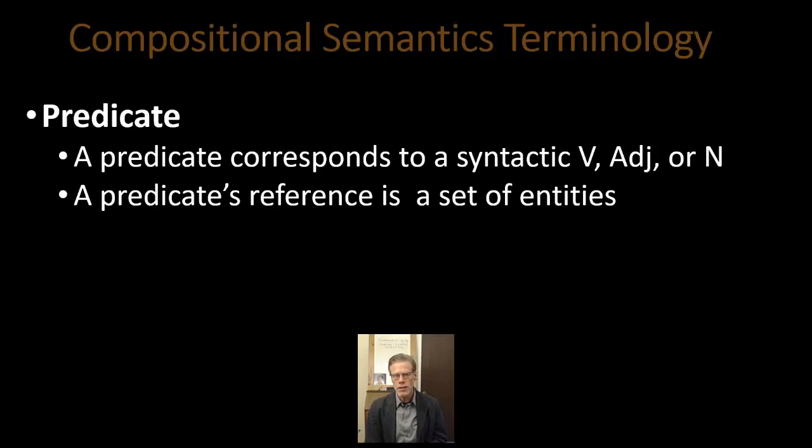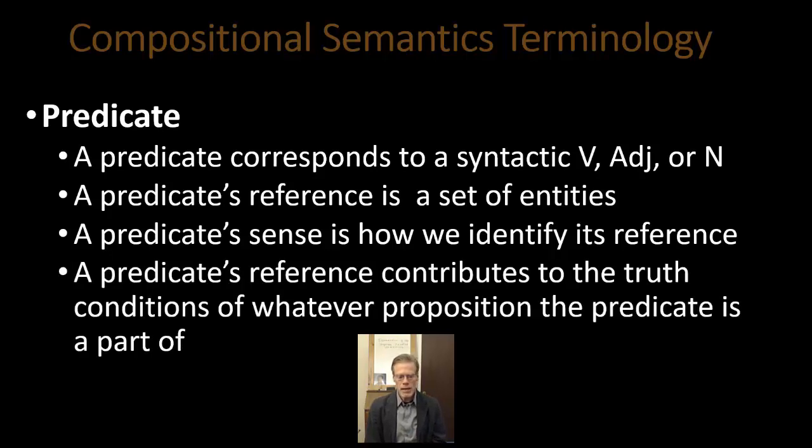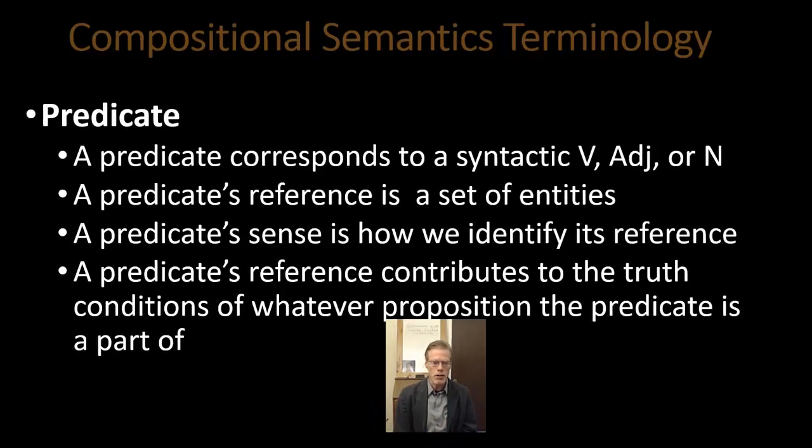A predicate's reference is a set of entities. So remember, an argument is typically an entity, a predicate is a set of entities. A predicate's sense is how we identify its reference, how we get at that set. And a predicate's reference contributes to the truth conditions of whatever proposition the predicate is a part of.